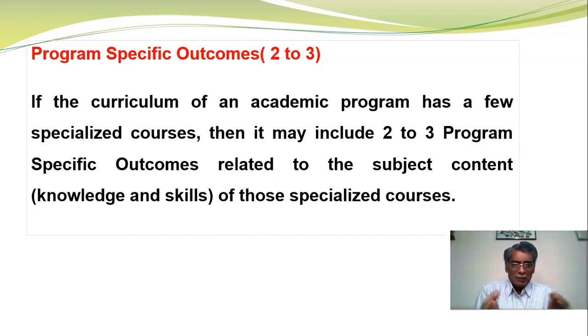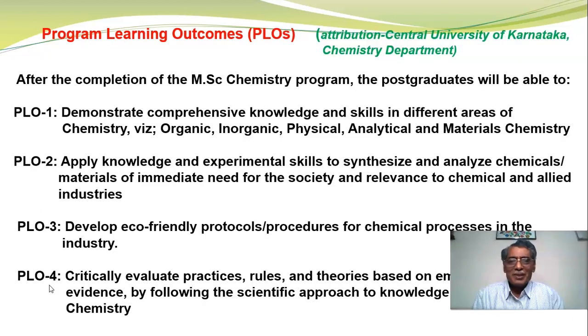For example, if you have an MSc in computer science, you want to introduce a course on artificial intelligence or machine learning or Internet of Things. In such a case, you can write 2 to 3 program specific outcomes related to those specialized courses. Now, as an example, I am presenting the program learning outcomes of MSc Chemistry.